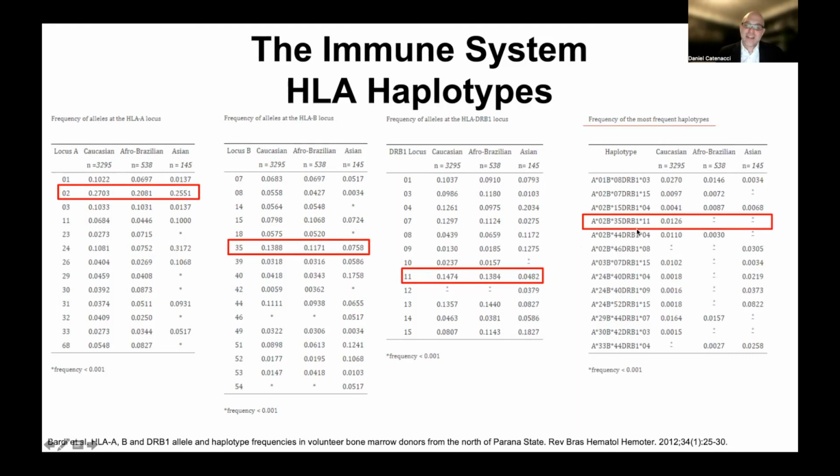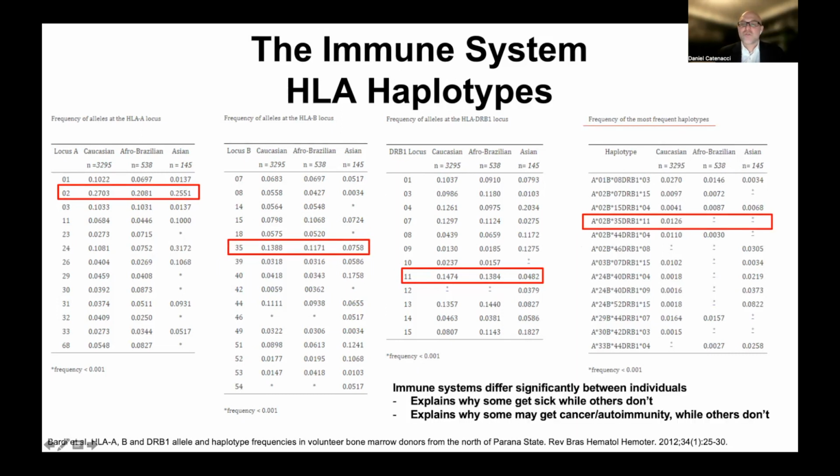So what I'm trying to get at is there's extreme variability from one person to the next in terms of their haplotypes, in terms of their immune system, MHC class 1 and 2 molecules. Any one individual is very different from the next person. They'll be similar if you're in the same family, but more likely than not much different from each other. The only people that would have an identical immune system are, of course, identical twins.